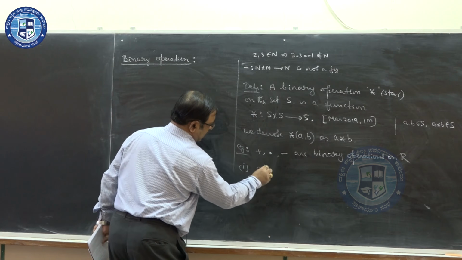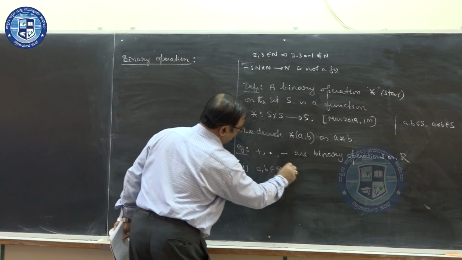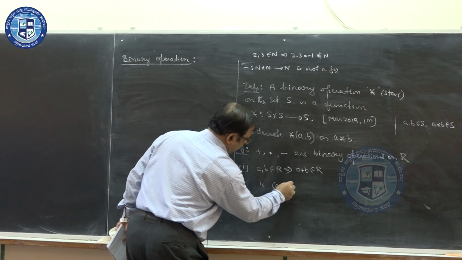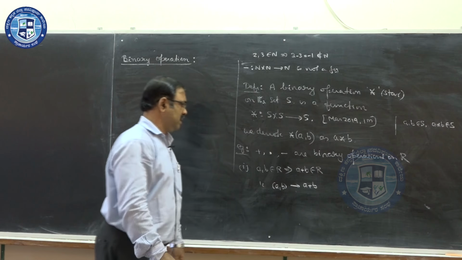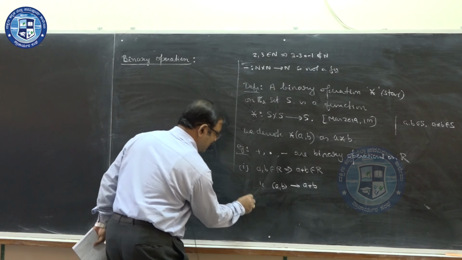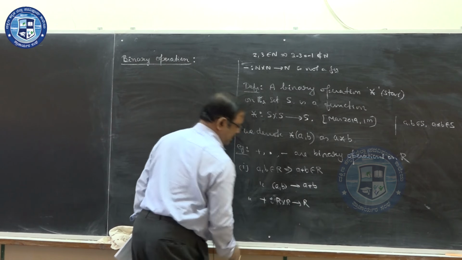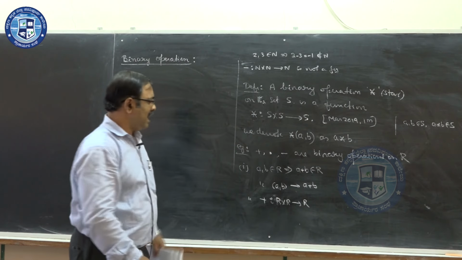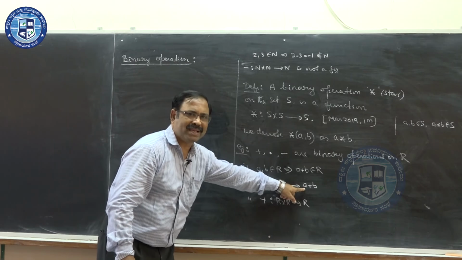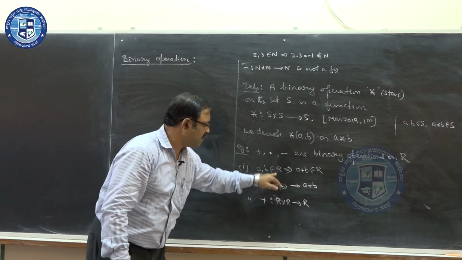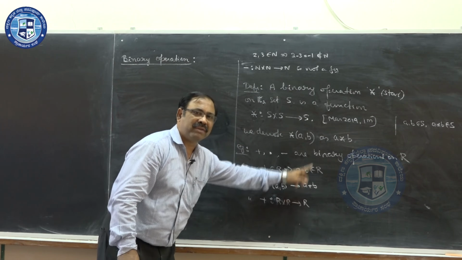See, first A, B belongs to R means A plus B belongs to R. Actually, this is A, B to A plus B. That is plus from R cross R to R. I have defined for A, B belongs to R, A plus B belongs to R. The operation is defined from this ordered pair of the given set to an element of the same set.